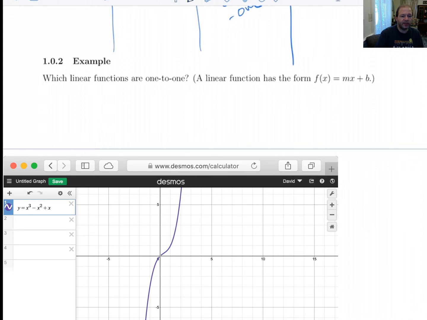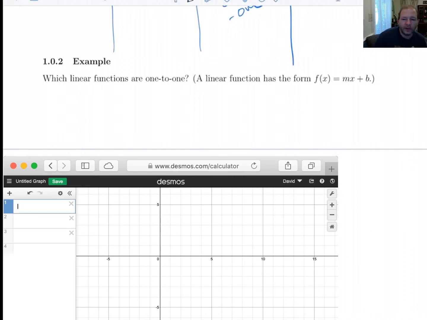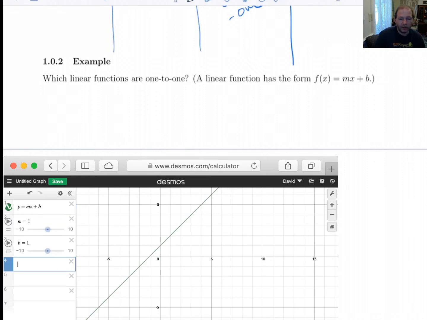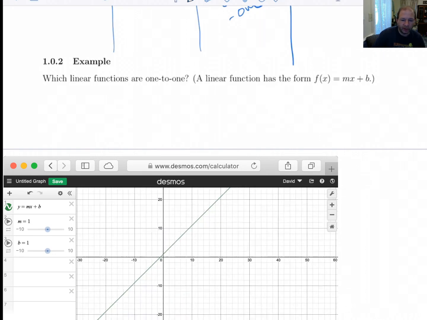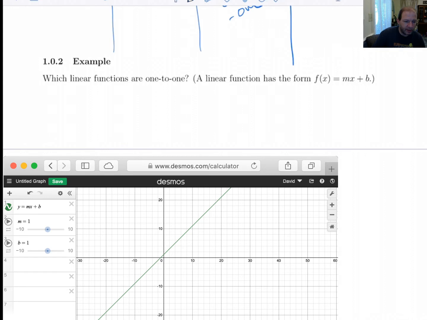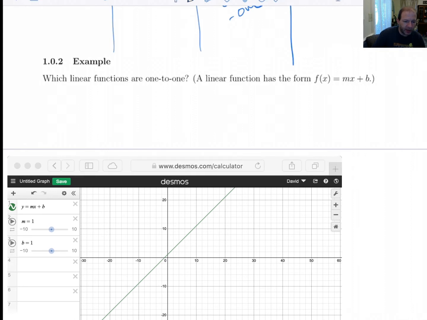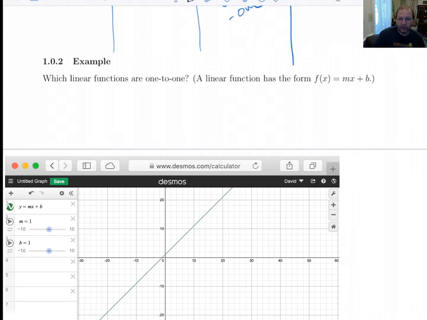This next example says which linear functions are one-to-one, and a linear function is just a line. You know, y equals mx plus b. Well, if we look at that, most lines are going to be one-to-one. If I change my slope around, most of these are one-to-one.